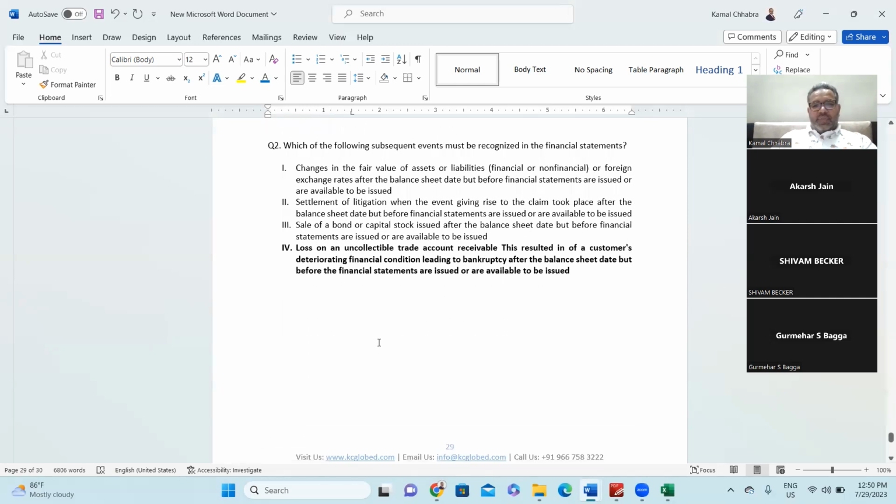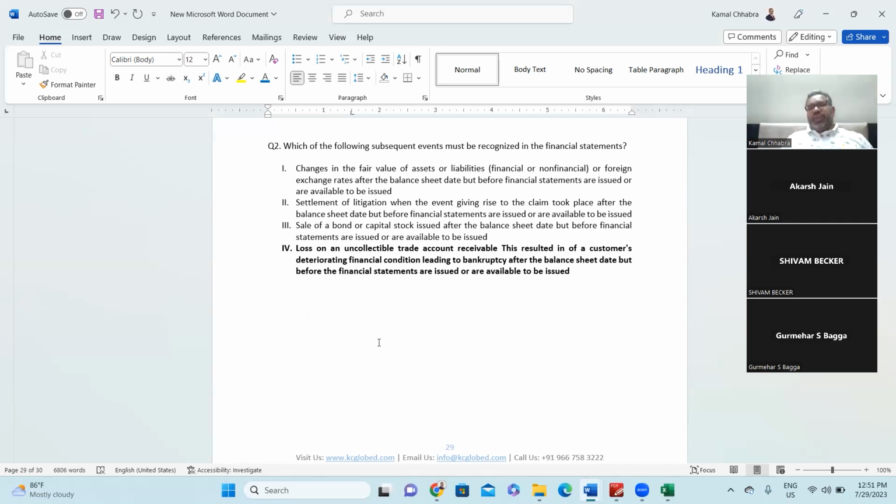Next question is, which of the following subsequent events must be recognized in the financial statements? First is change in the fair value of asset and liability or foreign exchange rate after the balance sheet date but before the financial statements are issued or are available for issue.